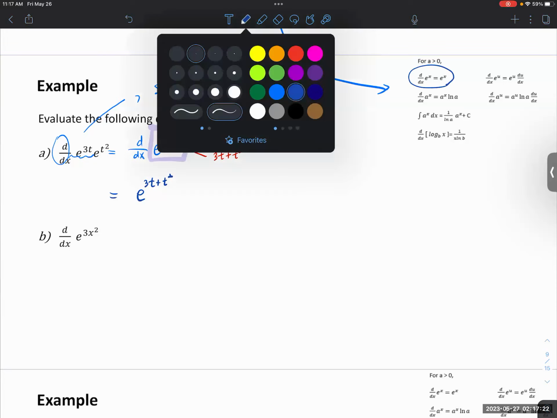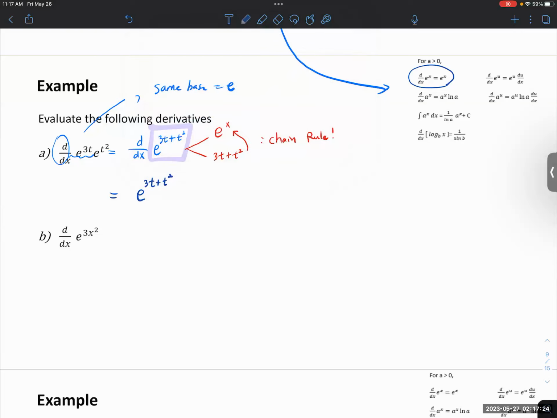But then you're going to take the inside. 3t plus t to the second has been substituted, so we're going to do d over dt of 3t plus t to the second, take the derivative. Therefore, e to the 3t plus t squared, and this one will be 3 plus 2t. So for the final answer, I can change the order.